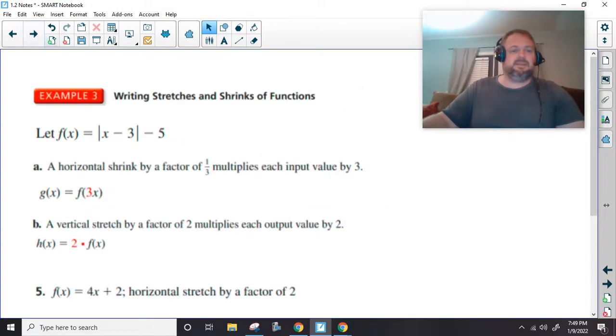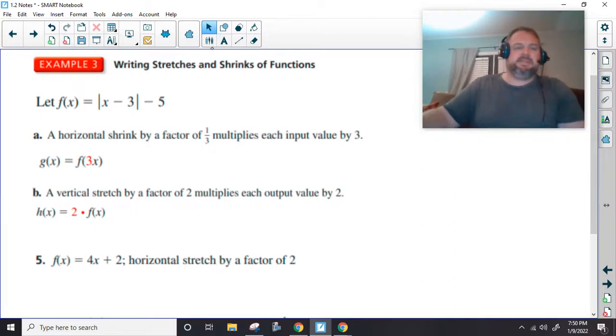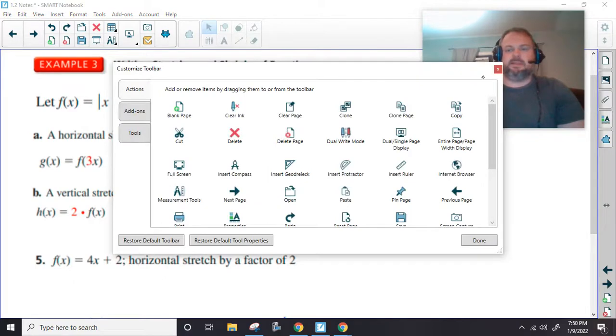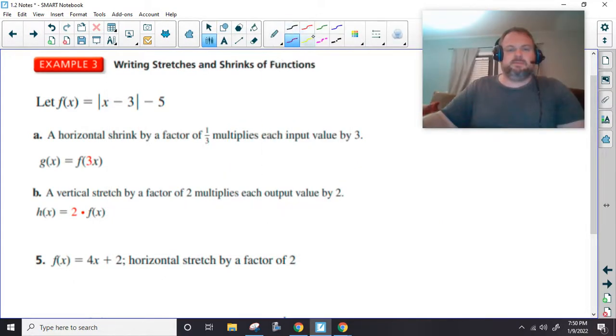Not so great. All right, stretches and shrinks. All right, so horizontal shrink. What's kind of funny is we have to now plug in. A horizontal shrink to me seems almost the same as a vertical stretch, because that is about the same thing.